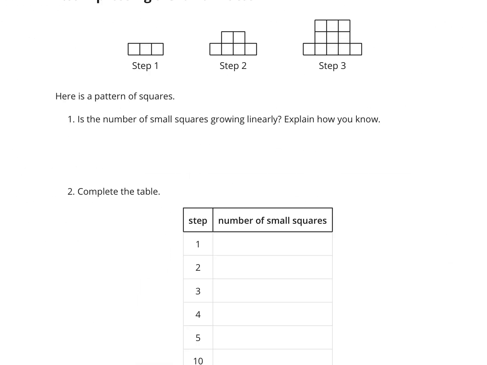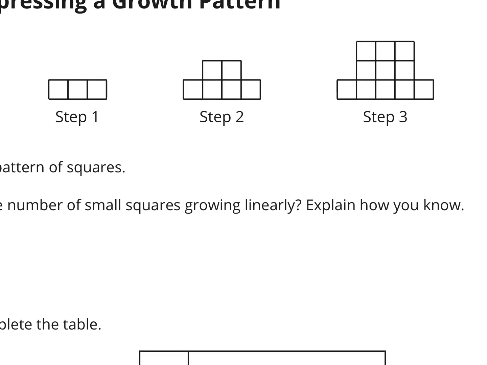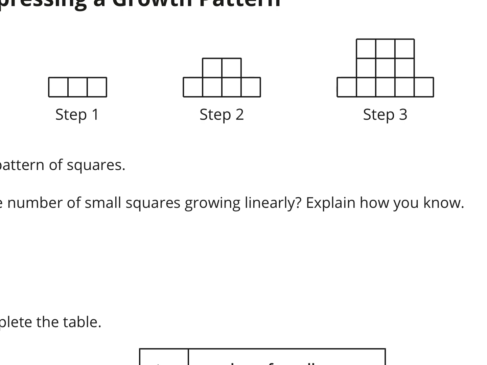So let's first analyze the 3 steps. In step 1, we see there are 3 squares. Step 2, there are 6 squares. Step 3, there are 11 squares.